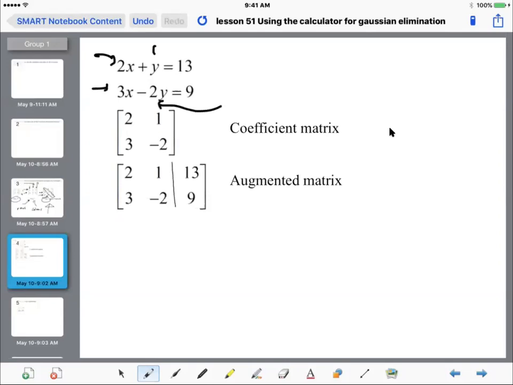If you take the 13 and 9, the 2 numbers after the equal sign, and make that the next column of the matrix, now I have a 2 by 3 matrix. You don't have to have this line here, but we generally do put a line where the equal sign was. That 2 by 3 matrix, made by taking the coefficient matrix and putting the numbers after the equal sign as the next column, is called an augmented matrix.